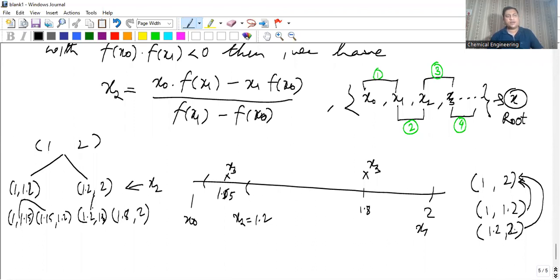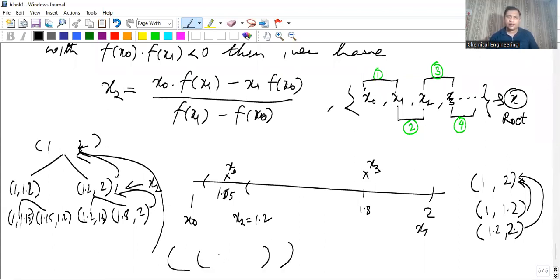But if you see, all these intervals are inside the earlier ones only. So that means you will have this kind of structure.